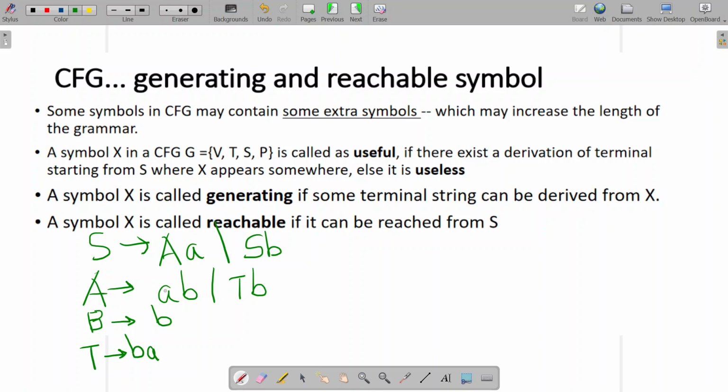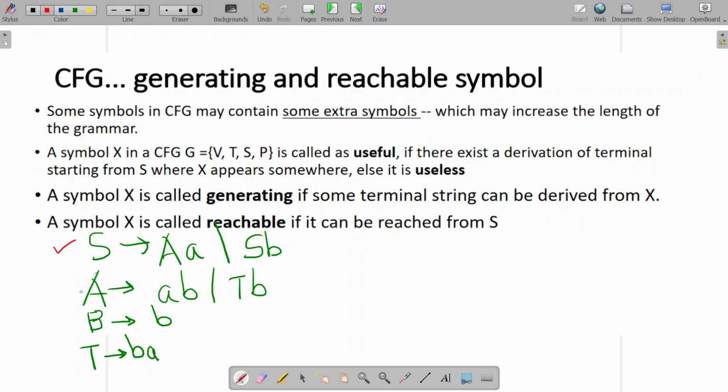So when you look at this example, there are four production rules: S maps to AA and SB, A maps to ab or TB, B maps to b, and T maps to BA. S is the start symbol. Okay, so this we have to accept as it is.